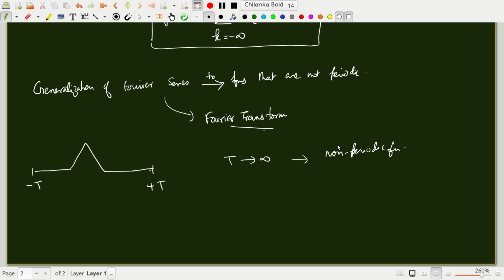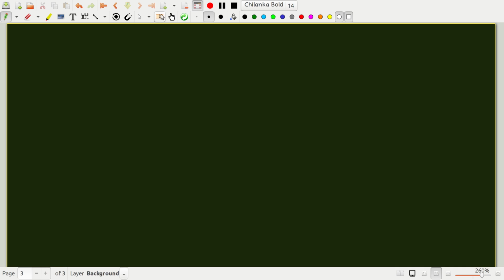So that is the trick we are going to use to convert the Fourier series to include functions that aren't periodic, by pretending that they are periodic with a time period T tending to infinity. With this trick we will be able to find what is called a Fourier transform.